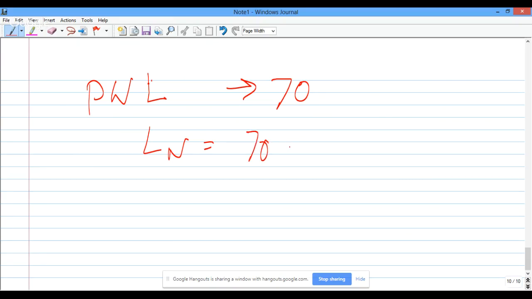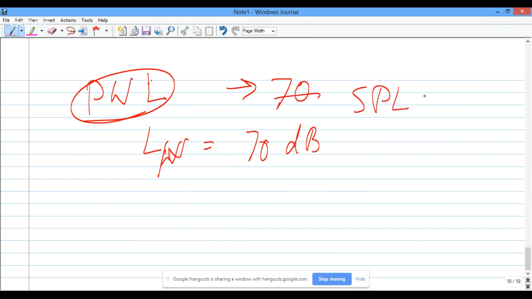Sound level. Actually, this is a source that exhibits a sound level of 70 dB, so this is SPL, not PWL. Sound pressure level is 70. So LP, I think we are calling it LP, equals 70. LW is not known to us, right?